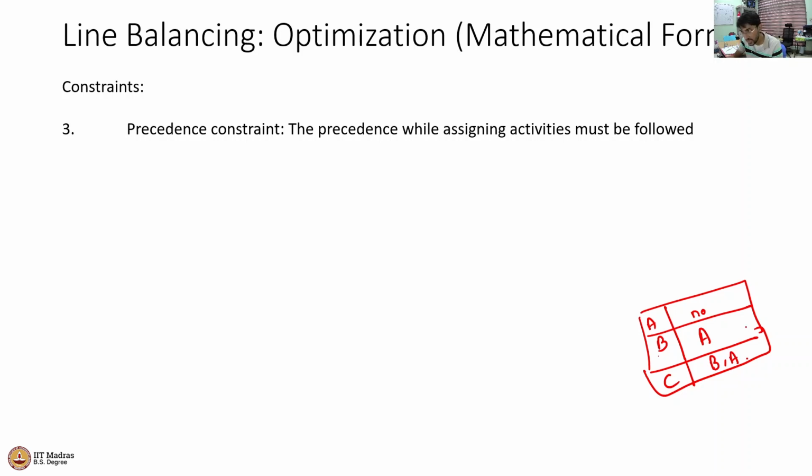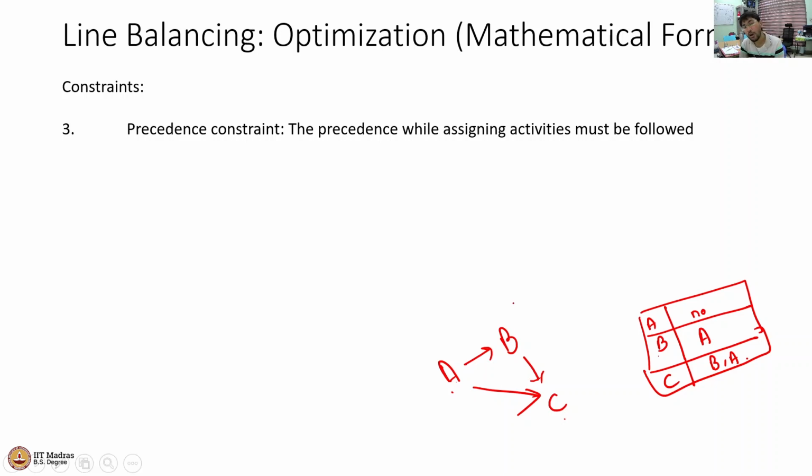So the precedence diagram for such a scenario will look something like A, B, C, and then E. So this is my precedence diagram such that activity A has no activities that need to be completed before it. For doing B, I need to ensure that A is done. For doing C, I need to ensure that both A and B are done.